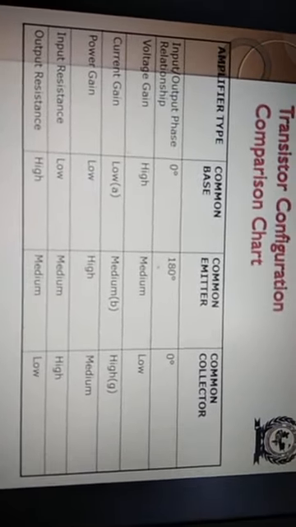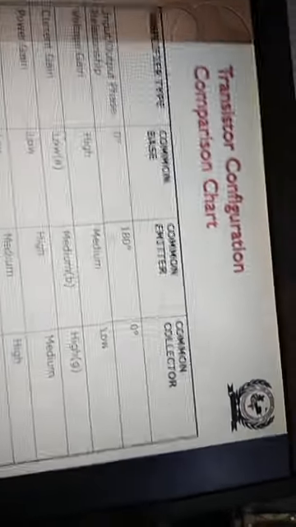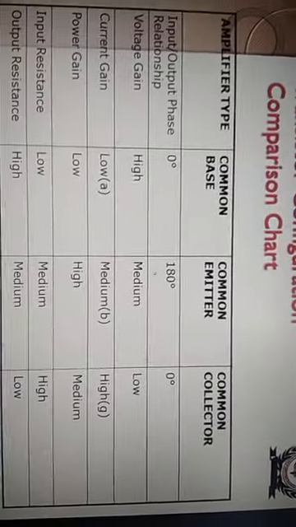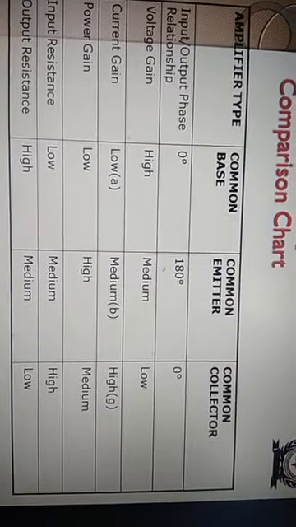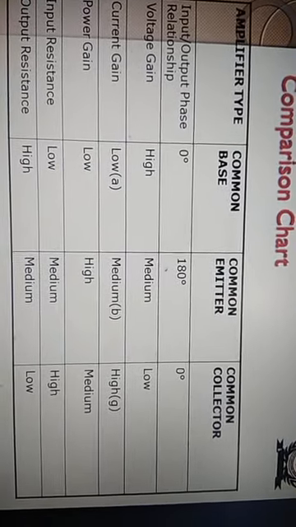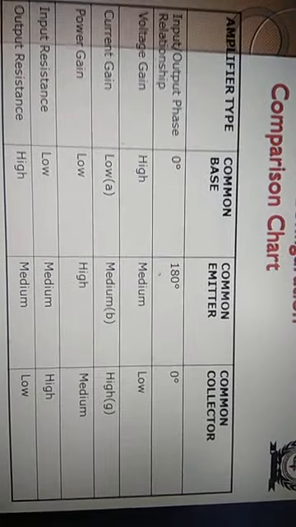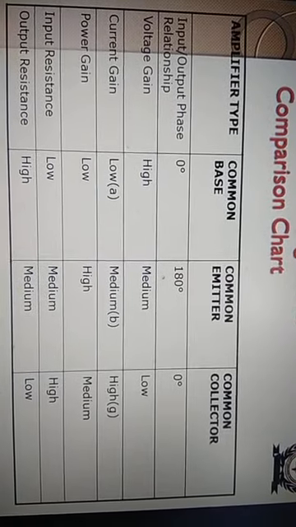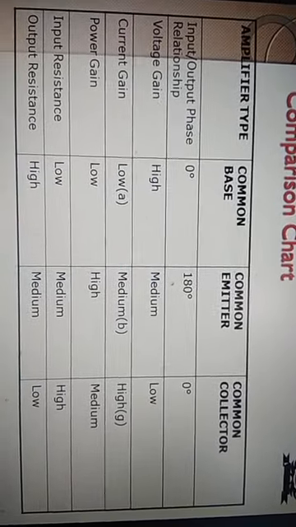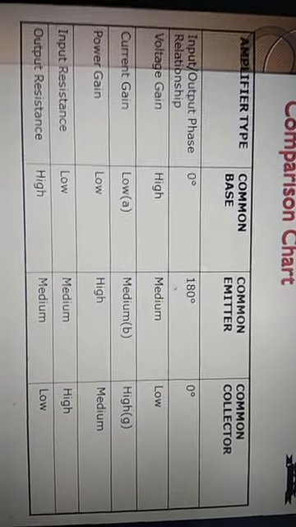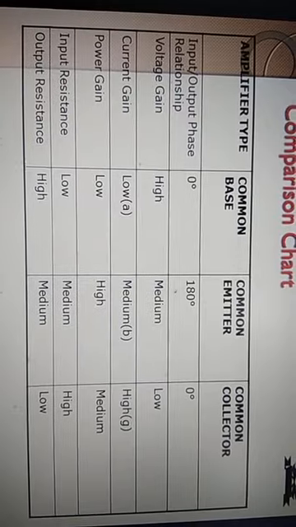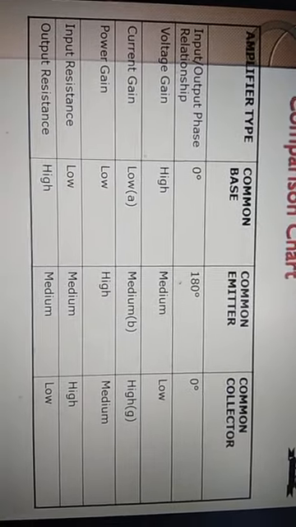Before that, I would also like to tell you, similar to the common emitter and common collector configuration, we can also have the common base configuration, where base is common between emitter and collector. And the current gain in common base configuration is IC upon IE, and this current gain is alpha.